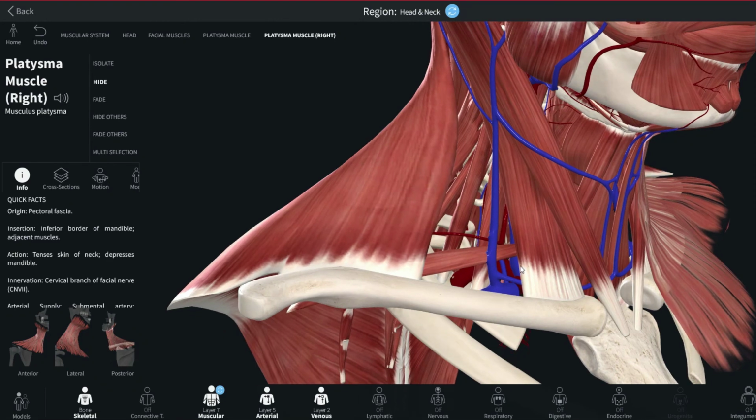We'll go for the base of the neck, and then we will press deep inside, behind the clavicle, at the posterior border of sternocleidomastoid. If we palpate that region, I hope you're getting me.